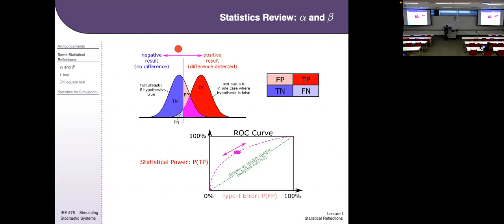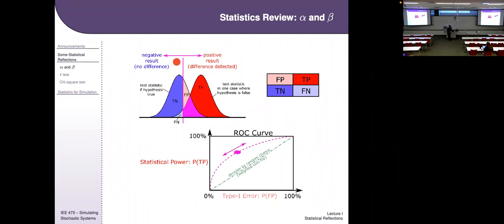What I'm trying to capture here is, as you move this threshold over, right now it looks not so bad, in that most of the outcomes to the right of this threshold are coming from the actual deviation from reality, which is this alternative hypothesis here.